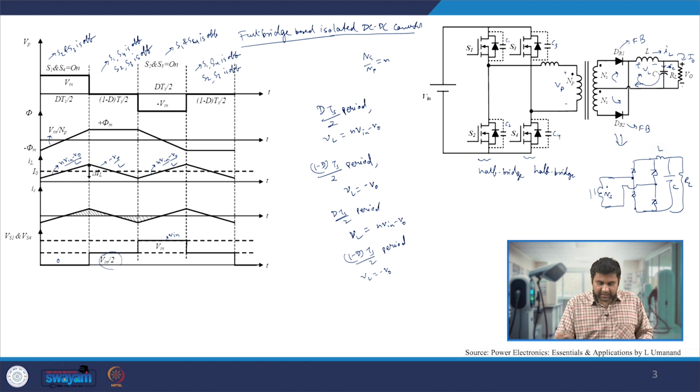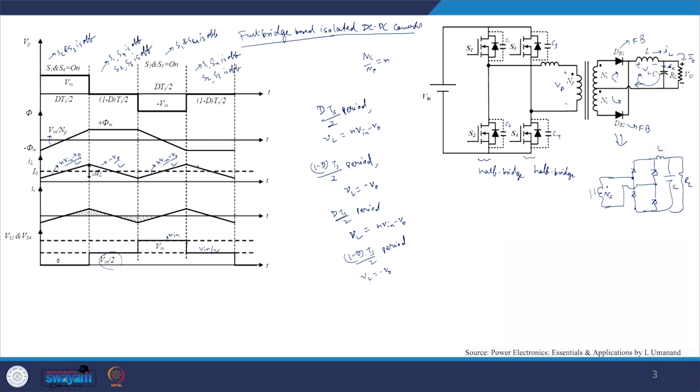During that period, since all 4 switches are off and we assume the switches are quite identical, the voltages will appear across their output capacitance equally. That's when we have Vin by 2 voltage appearing across all 4 switches. And since the voltage across the inductor is minus Vo, the inductor current has a negative slope of minus Vo by L.